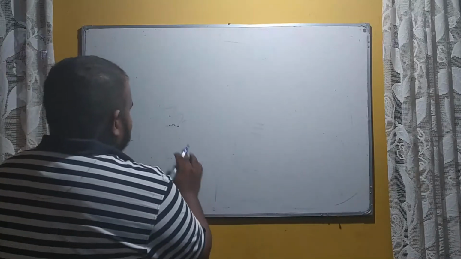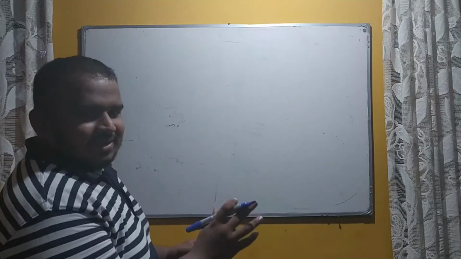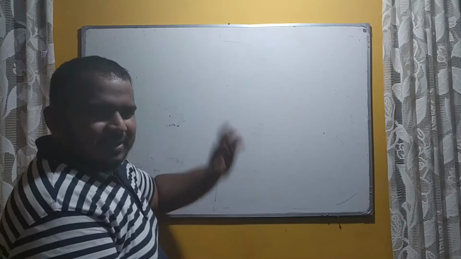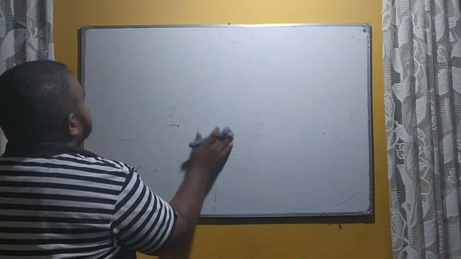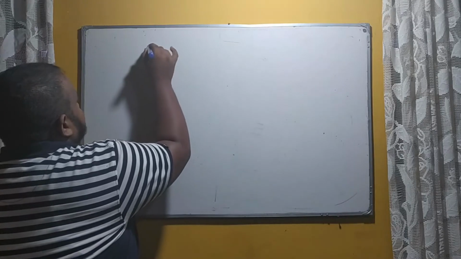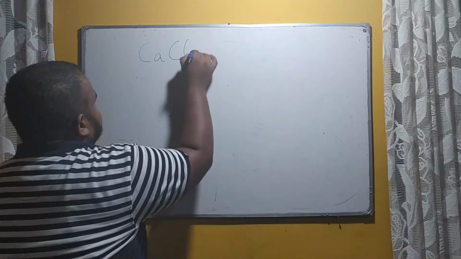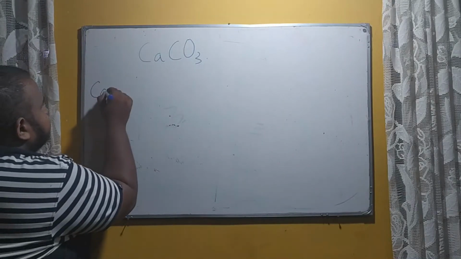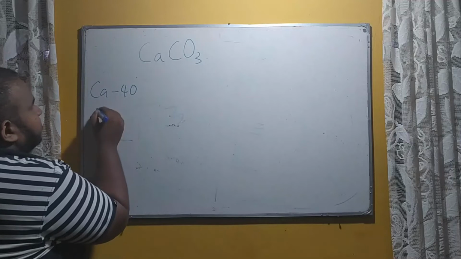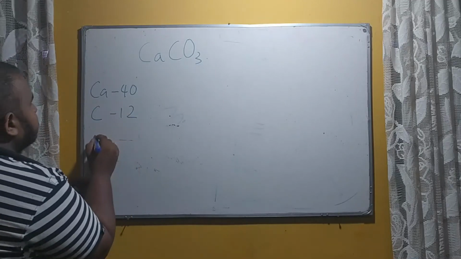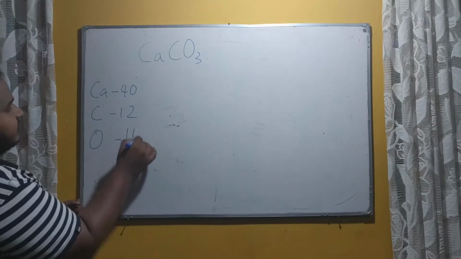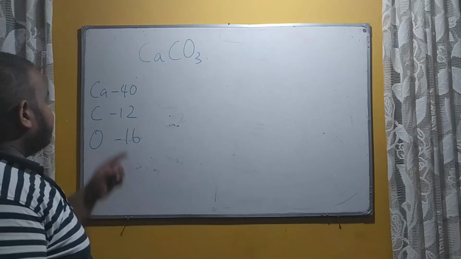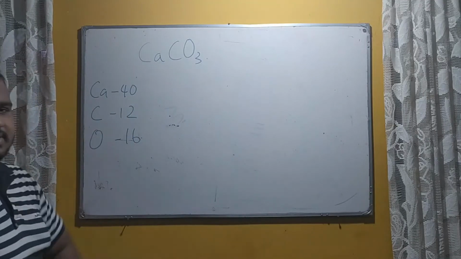Until now we studied how many molecules there will be. Now a bit confusing stuff, let's try it. If you consider the molecule calcium carbonate, calcium is 40, carbon is 12, oxygen is 16.